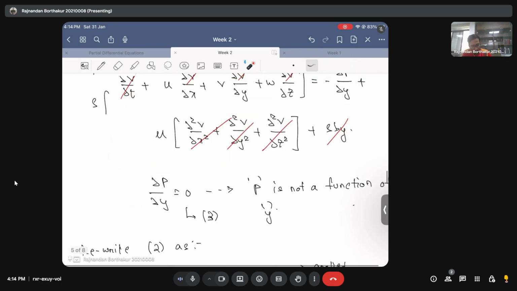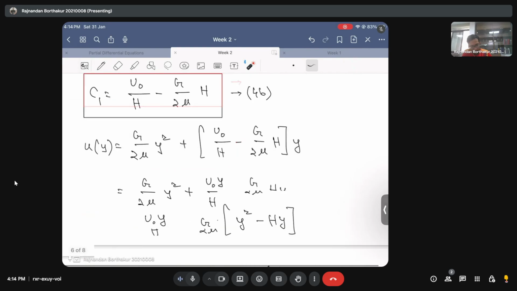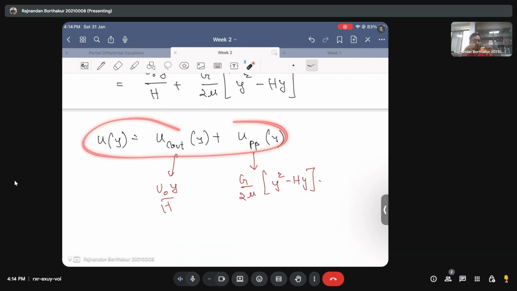So that's what you already saw: the solution you get when you have a flow actuated by a plate moving with u naught and a constant pressure gradient of magnitude g is equal to the flow field you generate with a Couette flow, where you just have a plate moving at u naught, plus the flow generated when you just have a pressure gradient applied without the motion of the two plates, which are basically these two examples.